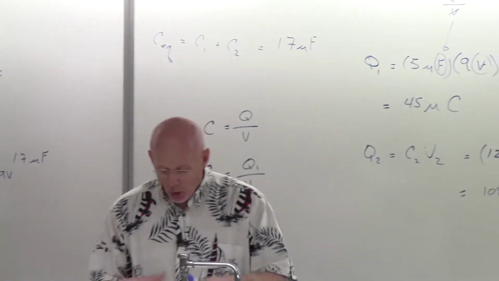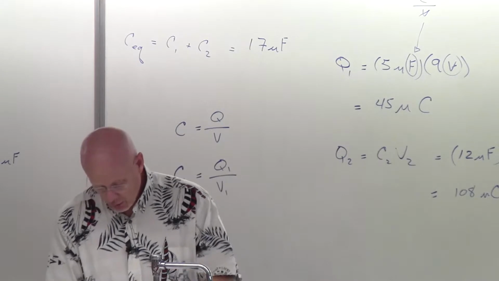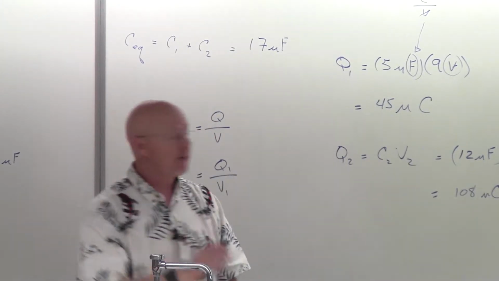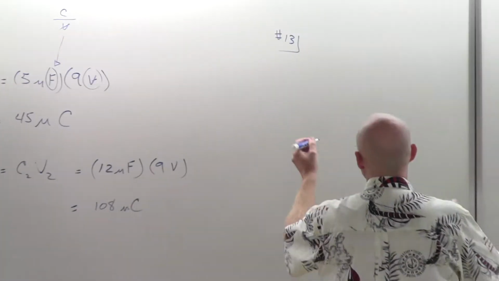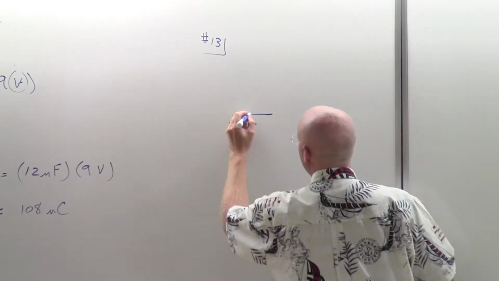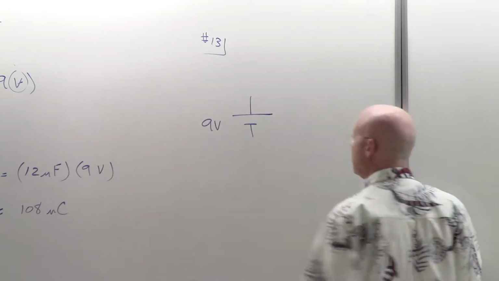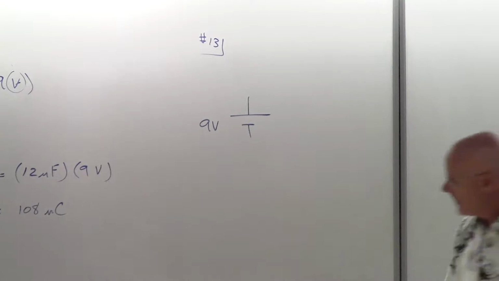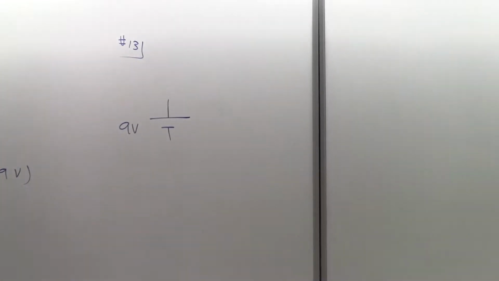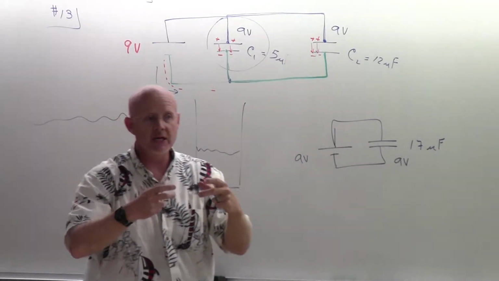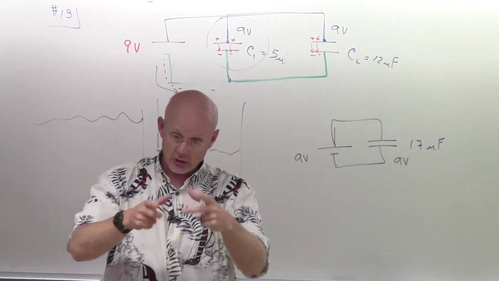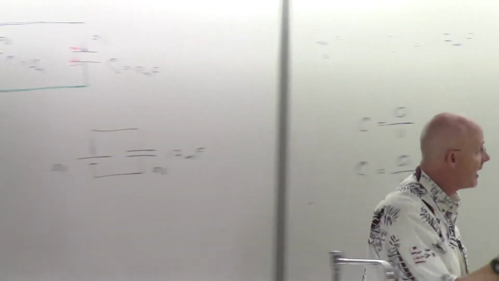And so 13 says, what if these two capacitors that were in number 12 are now connected in series with the 9-volt battery? Well, let me start by drawing the picture. I would start off with drawing the battery. There's the 9-volt battery. And series means that the two capacitors are hooked a little bit differently. What it means is that the electrons come off and chase another electron off of the first capacitor, something like this.